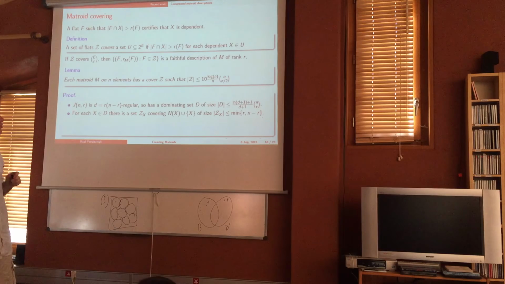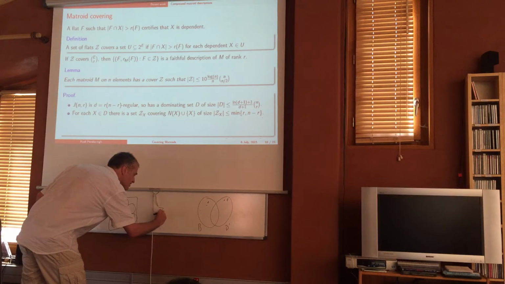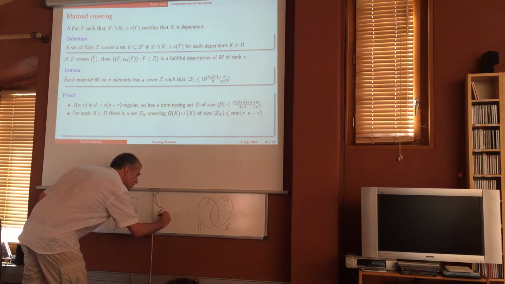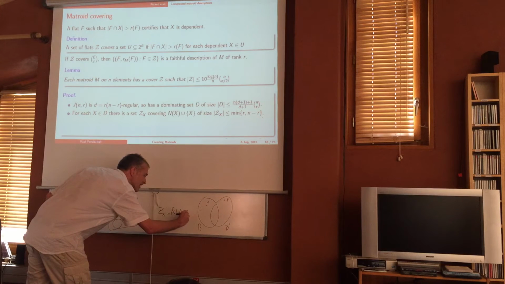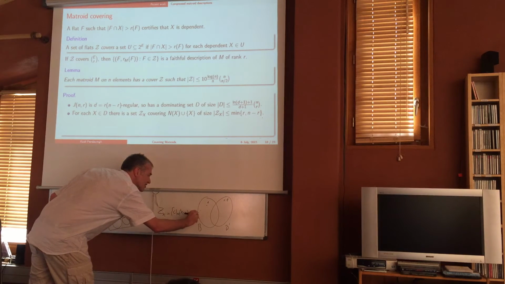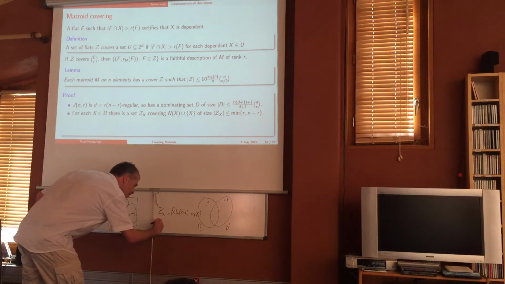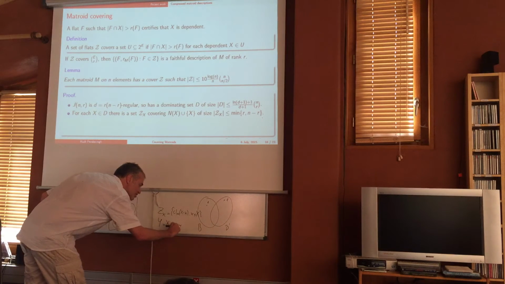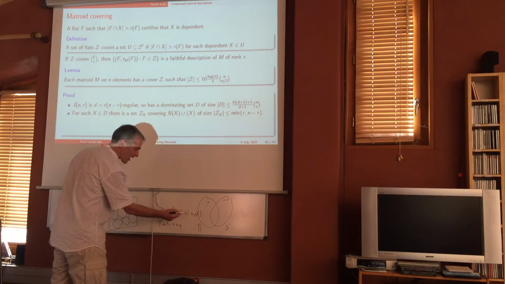Well, I can show you which set to take. What you can do is take ZX equal to the set of closures in the matroid of X minus x, for all little x in X. And then if Y, which is X minus x plus y, is a dependent set, then it's going to be covered by the closure of X minus little x.